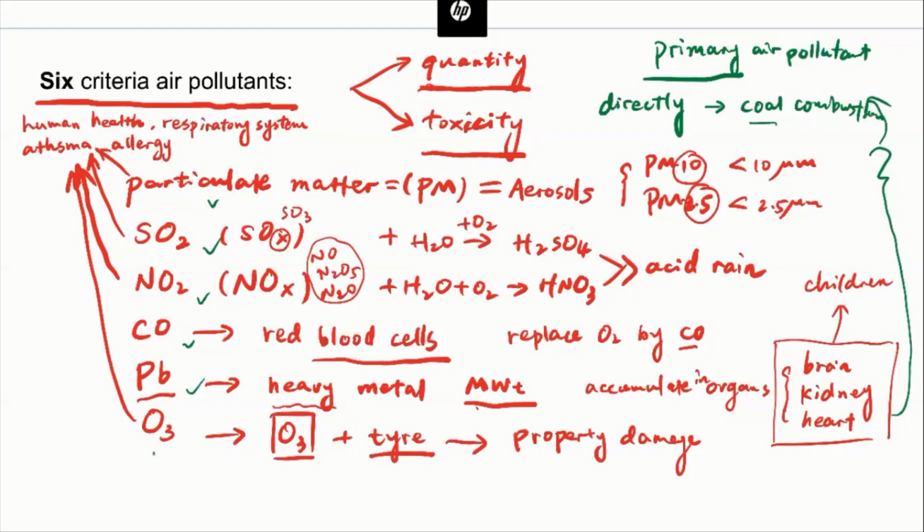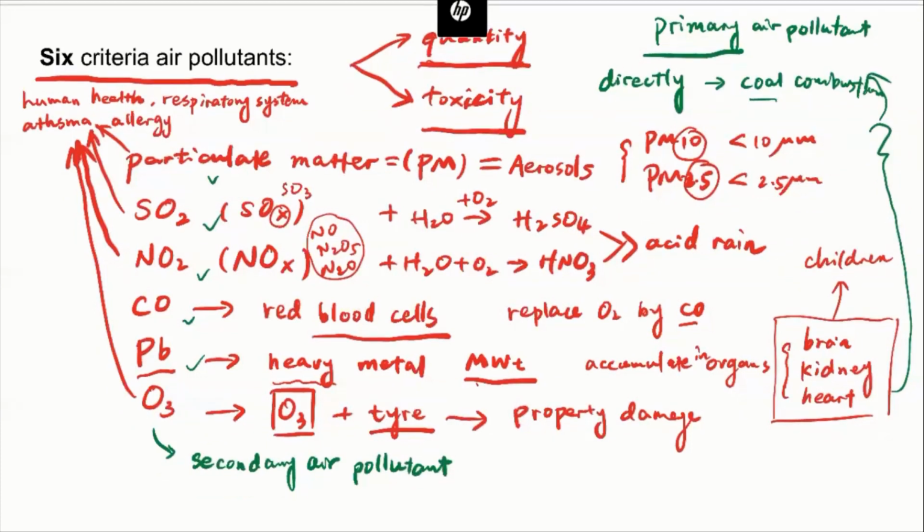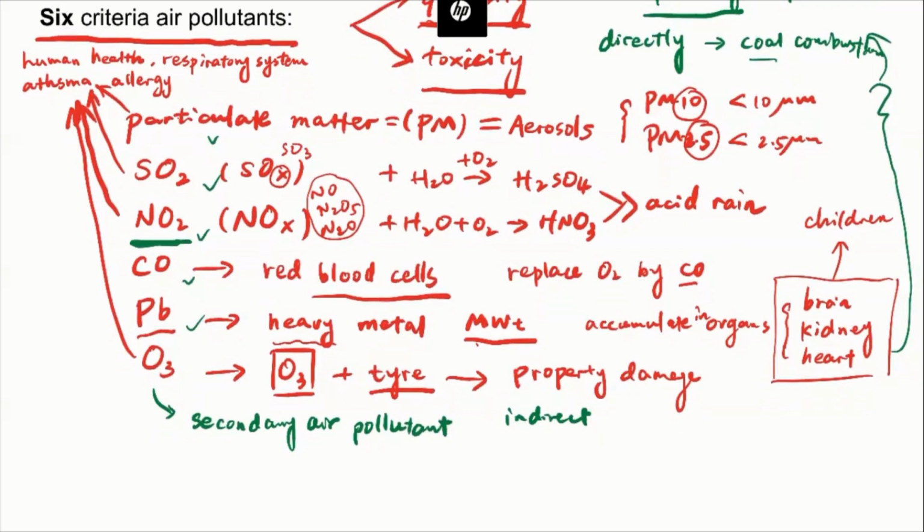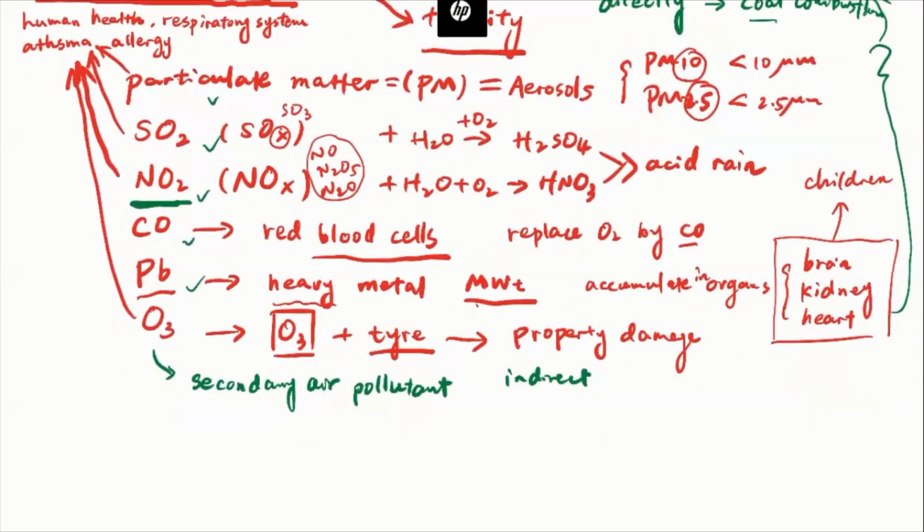And for ozone, it is called a secondary air pollutant. Okay, so the reason why we call it secondary is because it's not directly generated, so it's indirect. So the way it's generated is based on the nitrogen dioxide or nitrogen oxide species. So what happens is, let's say nitrogen dioxide under solar radiation, this means the energy of a photon, right?